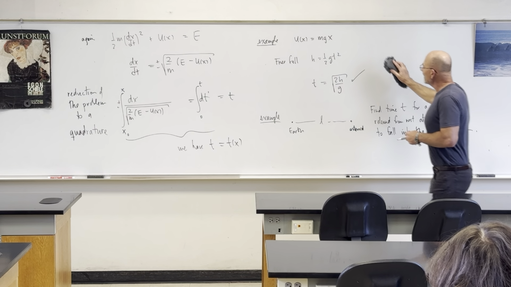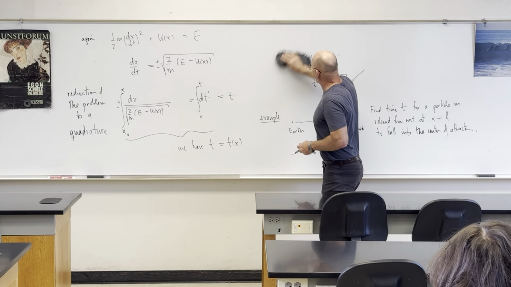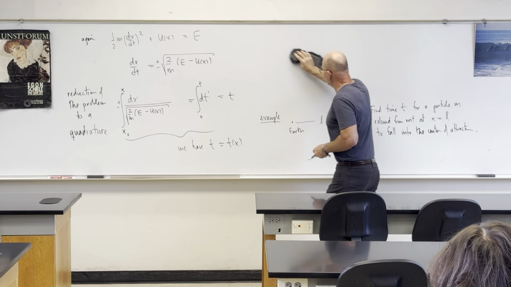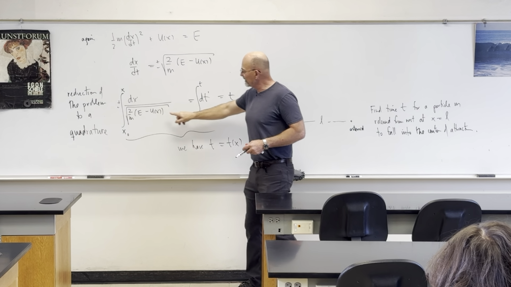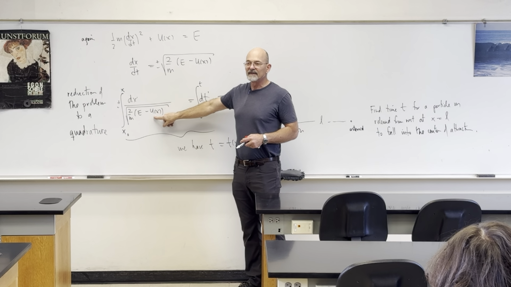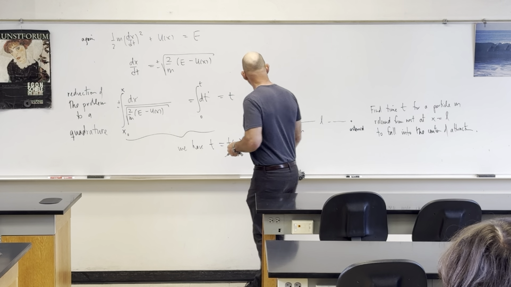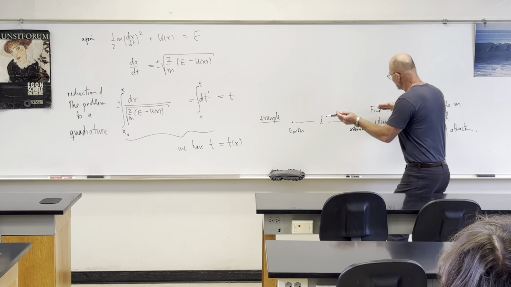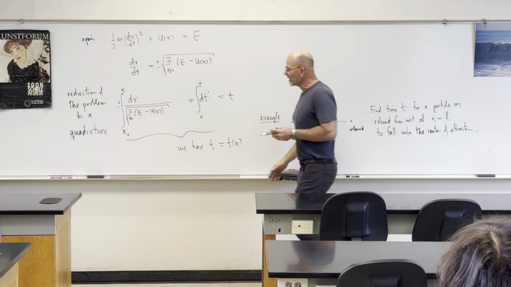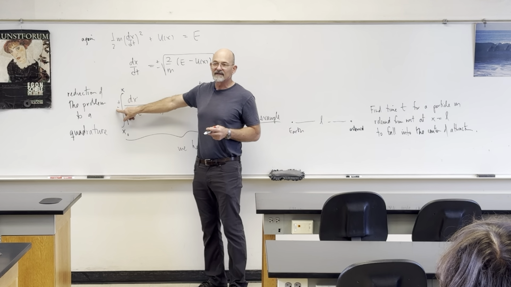But yeah, let's set this one up. So actually, you could say, well, the time is this integral if I set it up right. I'm falling towards the Earth, so I'll probably take the minus sign for negative velocity.